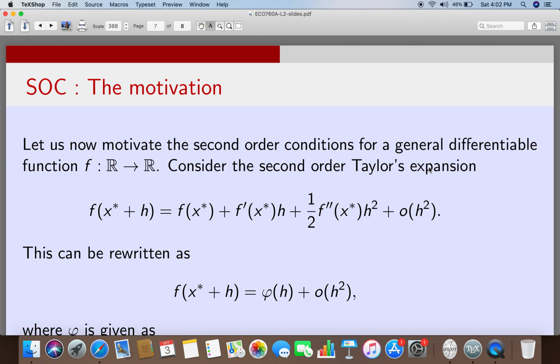So let's take your knowledge of math 101 and write down the second order Taylor's expansion, assuming that the function is twice continuously differentiable. We are not assuming it is thrice continuously differentiable. Second order Taylor expansion means that around x star, a function which is represented by a curve can be approximated by a quadratic function.